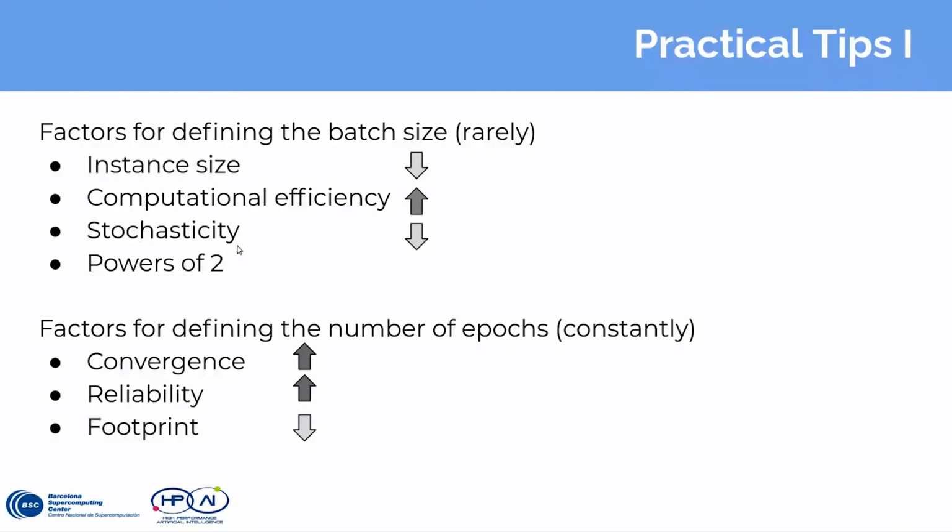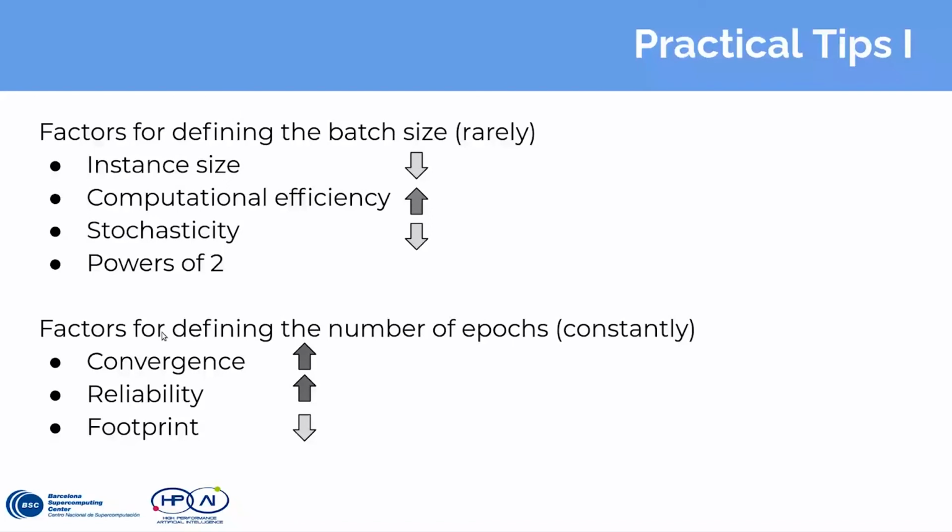So we have this randomness, which a fancy word for is stochasticity. And finally, powers of 2 is a recommendation for computational purposes. Usually powers of 2 are used, so when you define your batch size, you use 4, 8, 16, 32, 64, 128, 256, and so on. This is just because of how hardware computes these things.